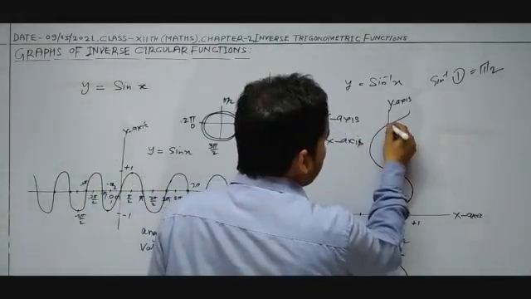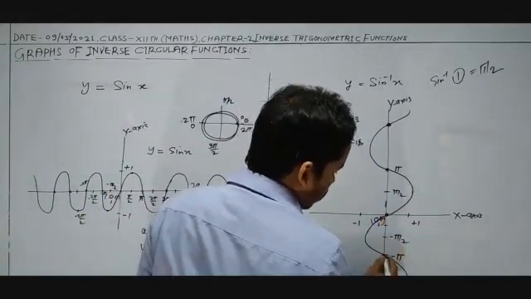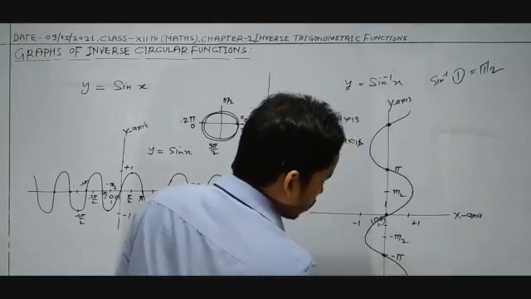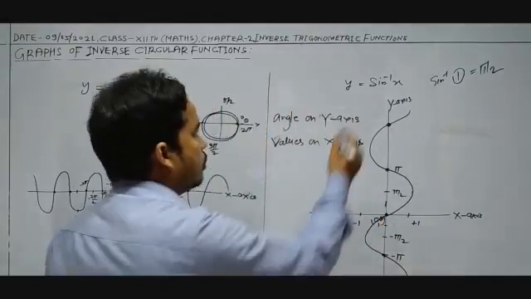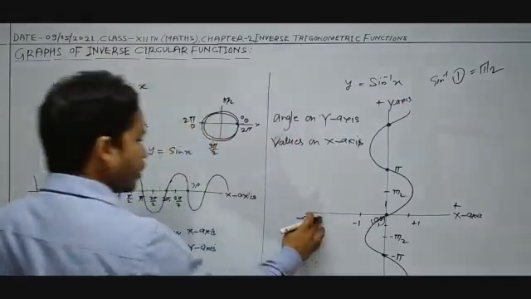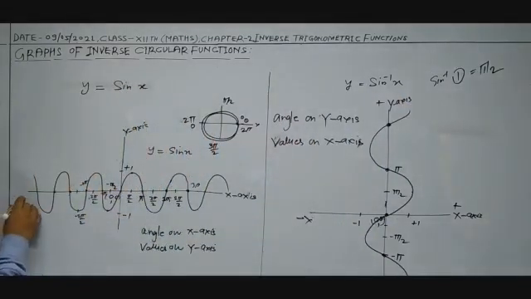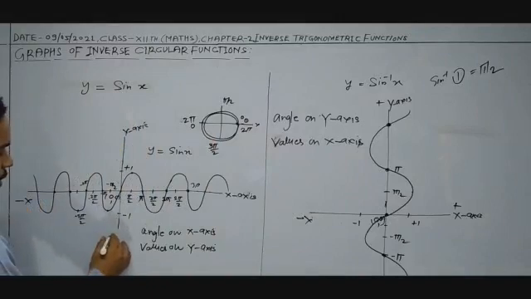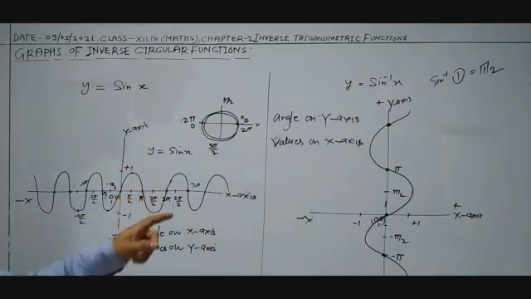This value is 0. So positive y axis, positive x axis, negative x axis, similarly negative y axis. So this is the graph of sin inverse x.